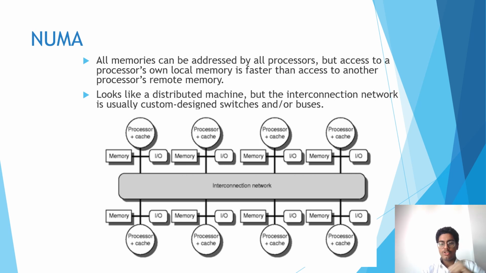Let us say my processor requirement and I are in one room, the local room, and another process which wants memory is in another room. If I want memory in the same room, I can access it faster.